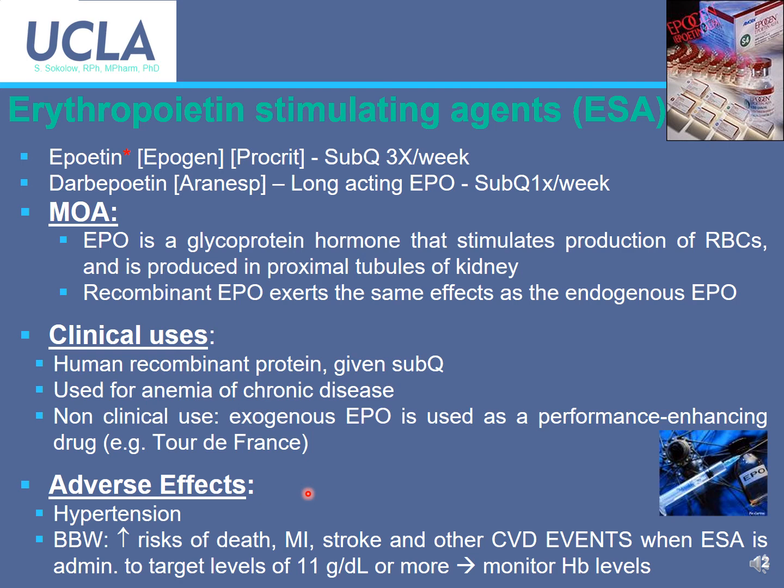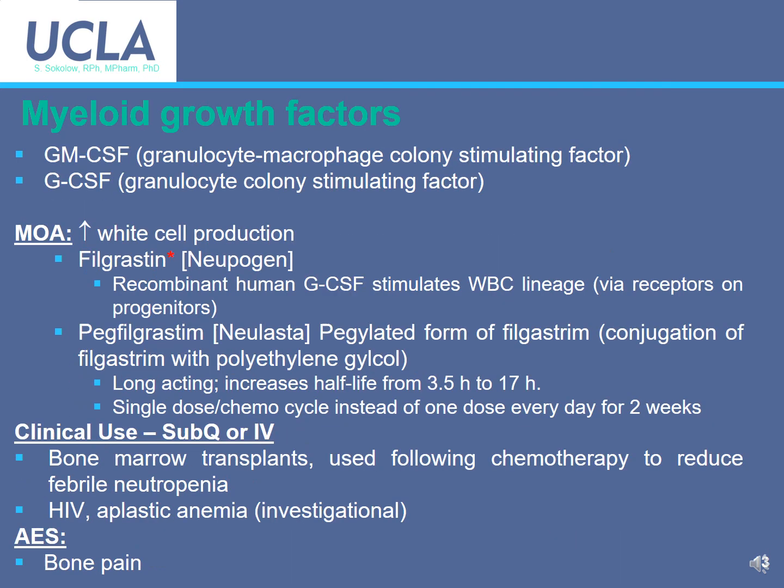Usually when the level goes up to 12 grams per deciliter, then EPO is withheld. And then you measure if the patient is stable and if the hemoglobin level remains within a satisfactory level. If it drops again below 10, then the patient will be put back on EPO.